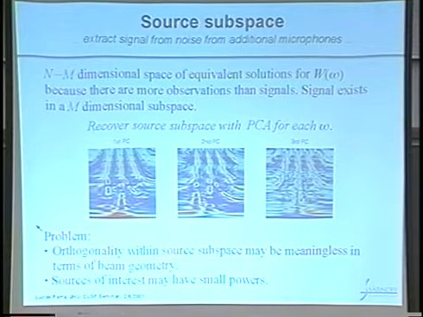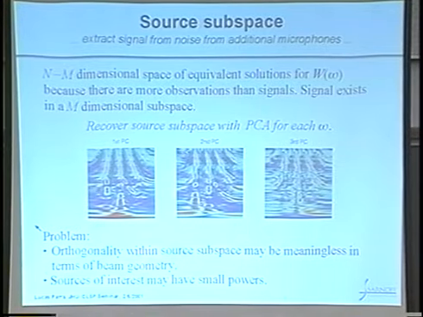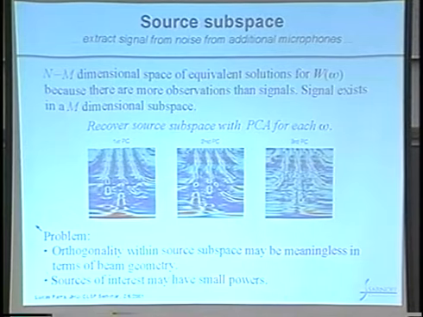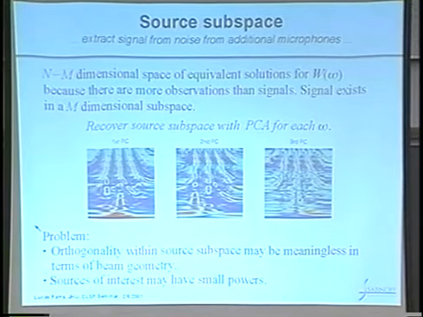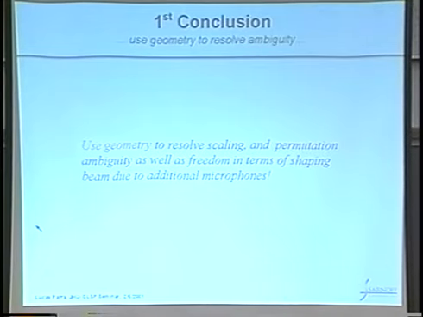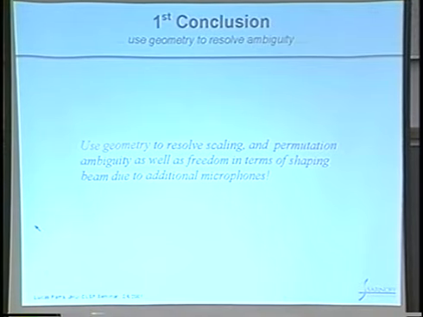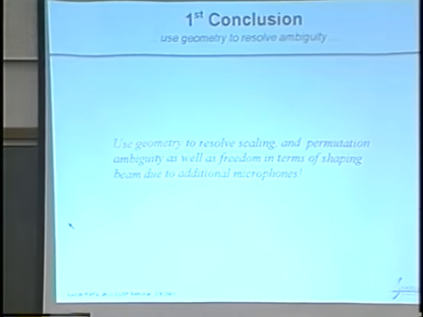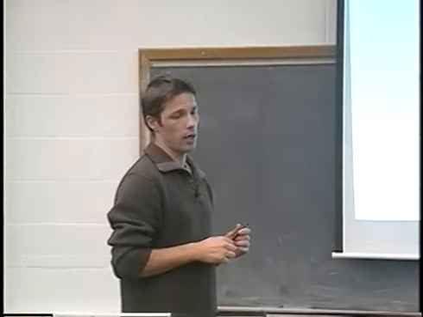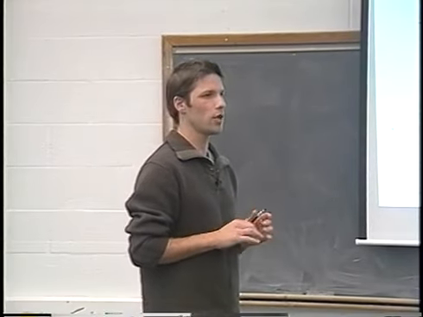So that's why this is maybe not such a useful thing to do. But at least it helps you think about this geometry issue. So my first conclusion is that if you look at the geometry of the response, maybe you can sort out some of these problems: the subspace problem, the problem with the ambiguity in permutations, maybe not scaling.